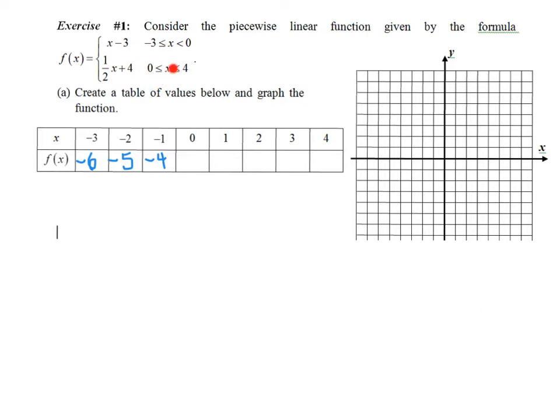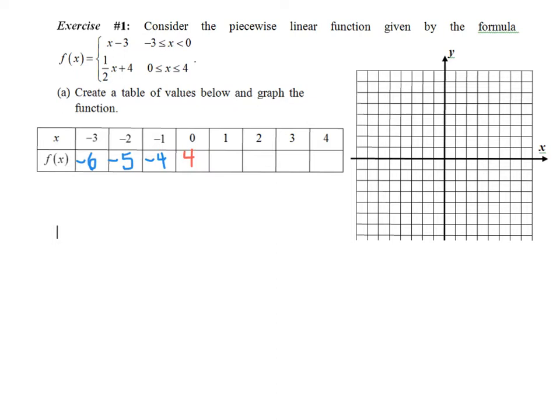This part of the piecewise function says if the input is greater than or equal to 0, then I'm going to use 1/2 x plus 4. So that's the one we're going to need to use because 0 is in that part of the domain. I'm going to graph those values in red, so I'm going to put them in the table in red as well. 1/2 times 0 plus 4 gives me 4.